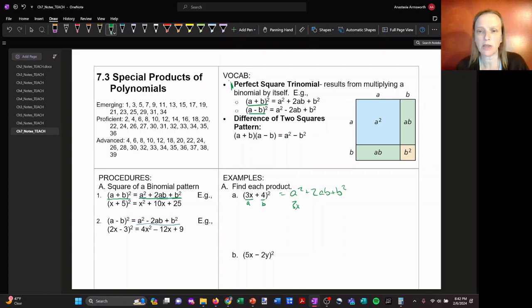So my a is 3x, which I will square, plus 2 times a, which is 3x, times b, which is 4, plus b squared, and my b is 4, so I will square it.